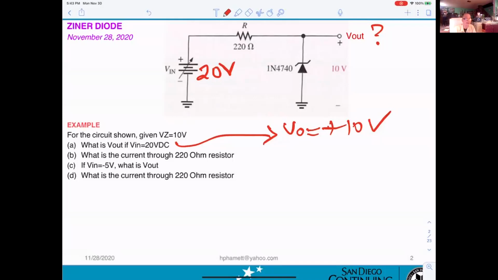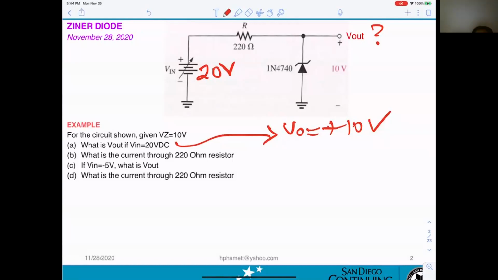You get one side of the R at 20, and the other side at VR will be 10. The difference will be 20 minus 10. I mean, the voltage drop at the R is 10 volt, 20 minus 10.